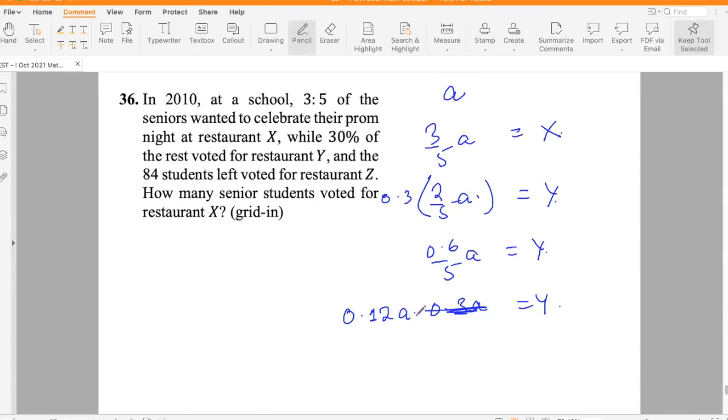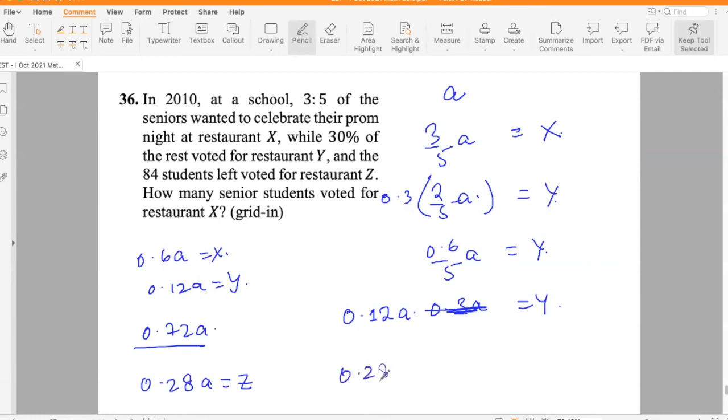Okay. And the 84 students left. So we had 0.6A was X, 0.12A was Y. So how much is left? So we have 0.72A total. So we are left with 0.28A is Z. So that is 84. So 0.28A is 84.